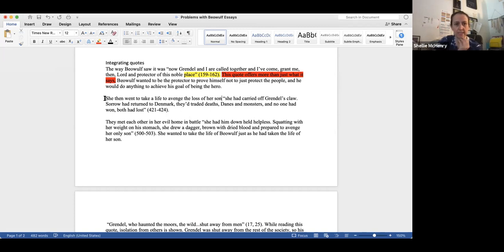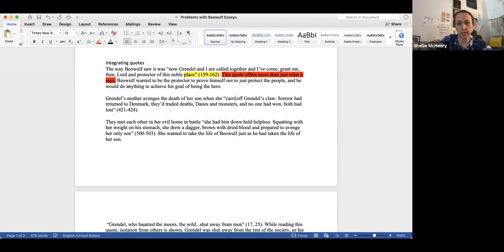to say this instead. Grendel's mother, I'm sorry, when I type I've got to say it out loud, avenges the death of her son when she, okay, and I'm going to change the verb tense.